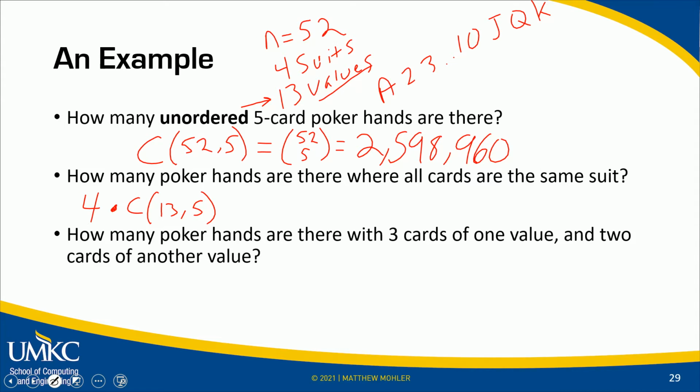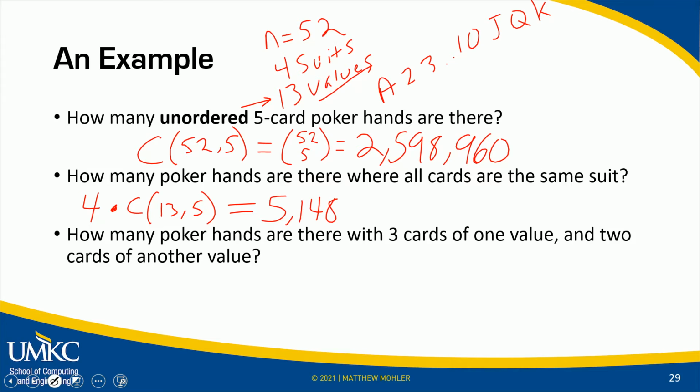So in this case, we end up with 4, again, the first phase of selecting a suit, multiplied by n choose k. We're choosing 5 cards out of a 13-card suit. Multiplying all that out, we find that this is equal to 5,148 hands, where all of those cards are of the same suit in that 5-card poker hand.